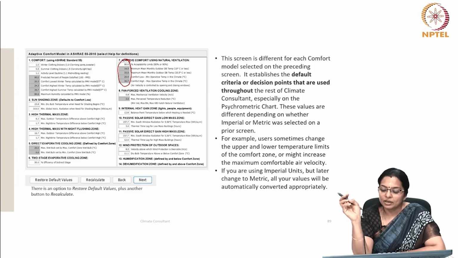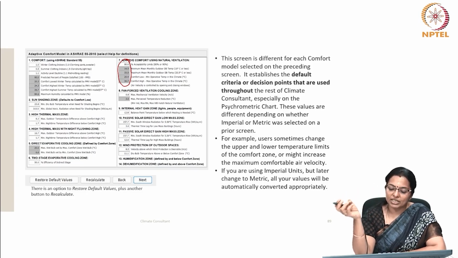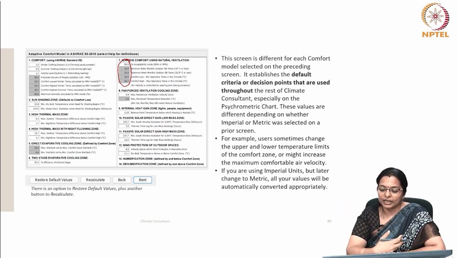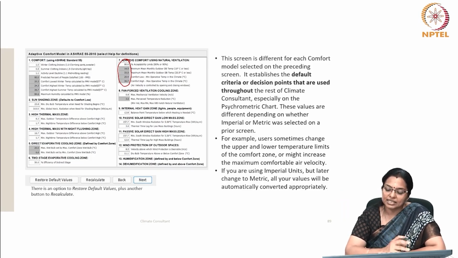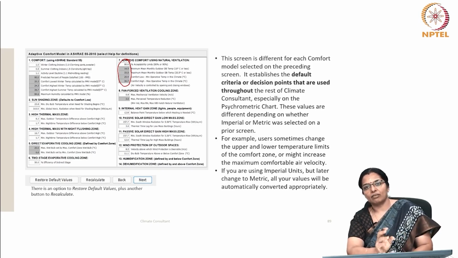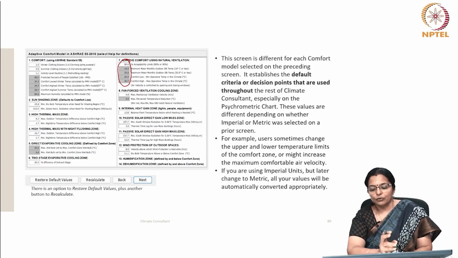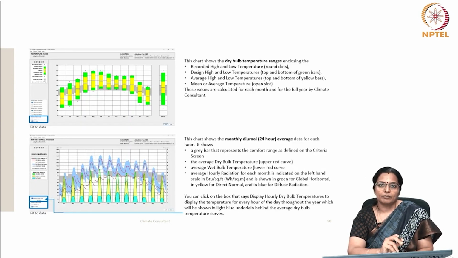For example, users sometimes change the upper and the lower temperature limits of the comfort zone or might increase the maximum comfortable air velocity. If you are using imperial units but later change to metric, all your values will be automatically converted appropriately.